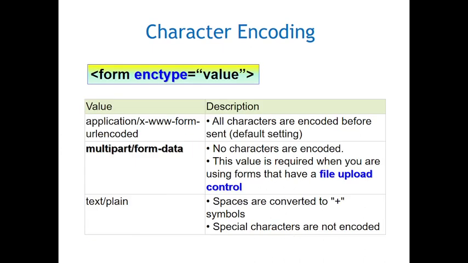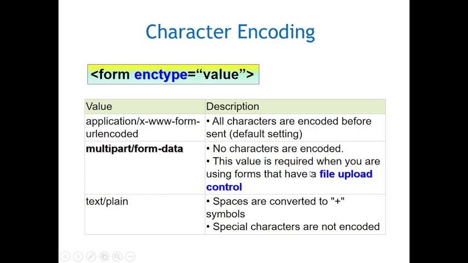So these are the attributes we are using. See why we use this one, application/x-www-form-urlencoded. That is, before you send, it is better to encode the data and send it. Here, with multipart/form-data, the characters are not encoded.